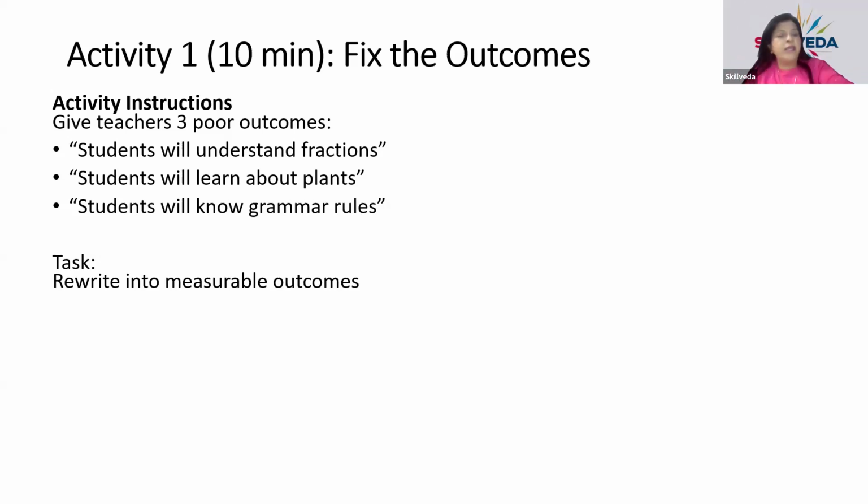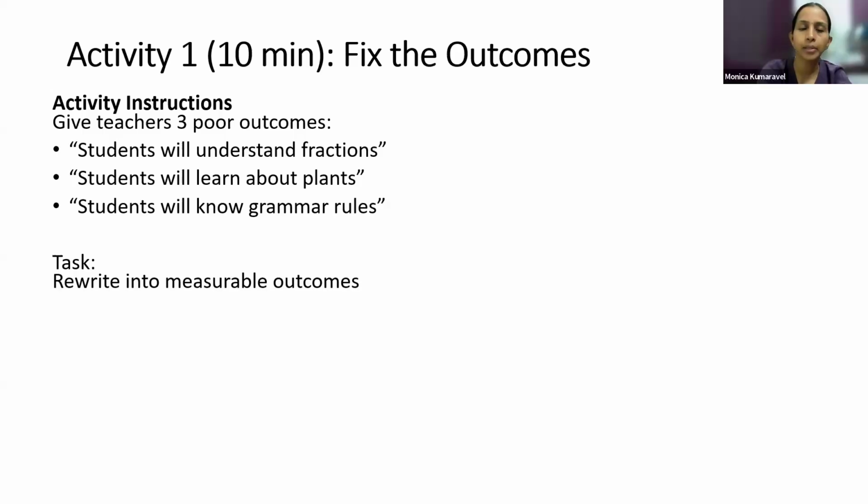What we have to do, Monica ji, exactly in this activity? There are 3 poor outcomes. I want some of you to write the measurable outcome out of this. For example, these outcomes are very vague, right? Students will understand, student will learn, student will know. What exactly in the grammar rules will the student know? Student will learn about plants.